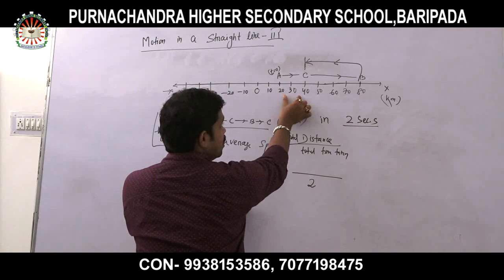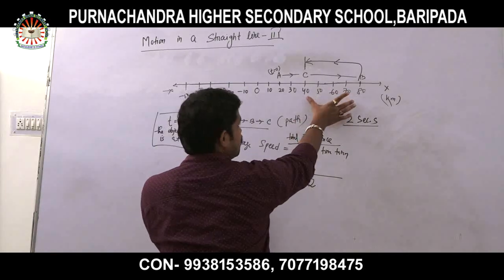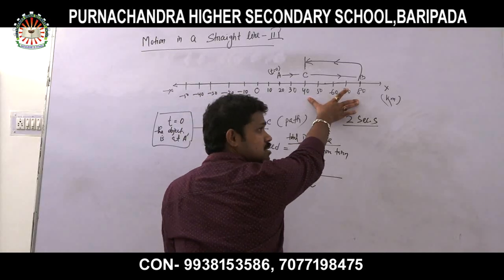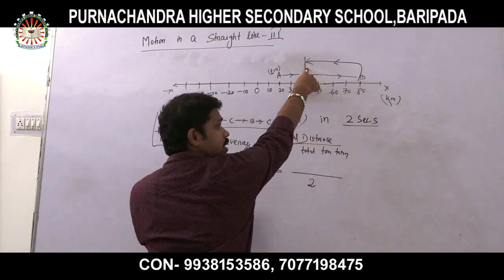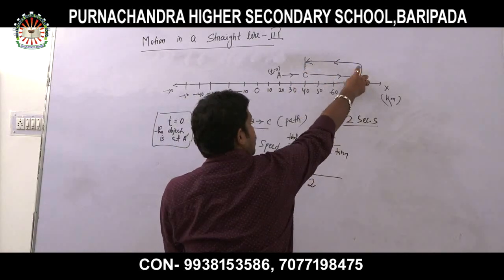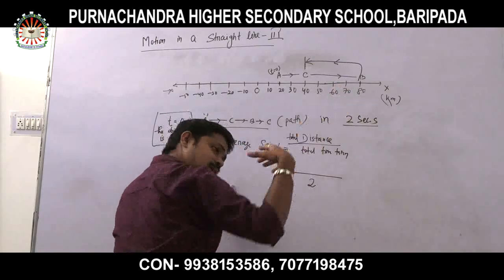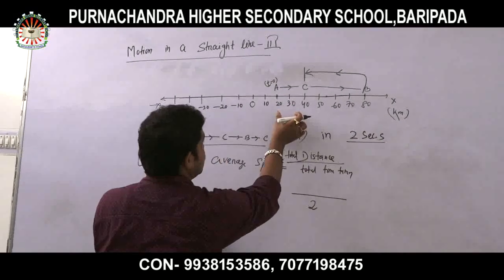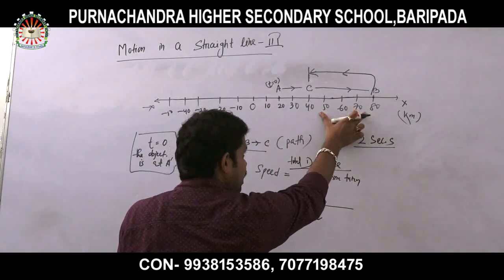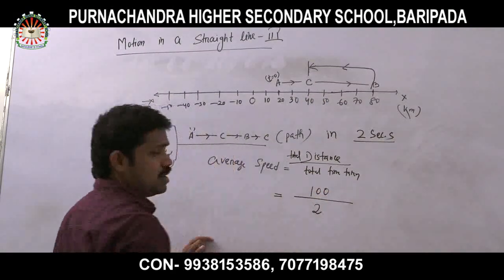So 20 plus 40 is 60. Then again it will return back to position C. So return back means the distance covered is again 40. So the total distance covered is 20 plus 40 plus 40. That is nothing but your 100.